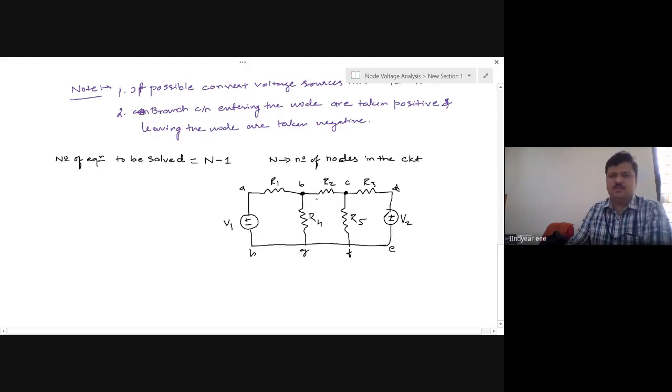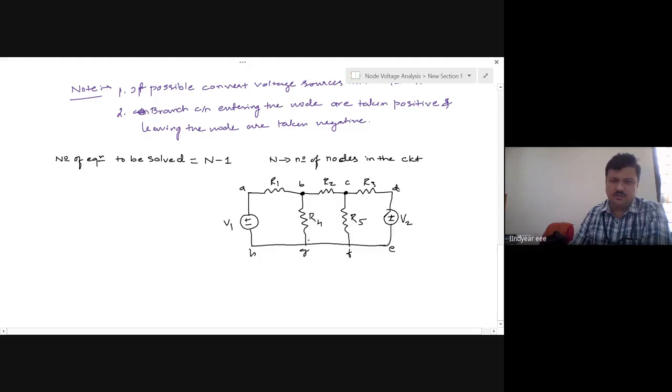Now, if you observe node B, R1 is connected, R4 is connected, R2 is connected. It means 3 branches are connected to node B. If you observe node C, there are 3 branches, R2, R3, and R5. But node E, F, G, H is all a single node, and V2, R5, R4, V1, 4 branches are connected.